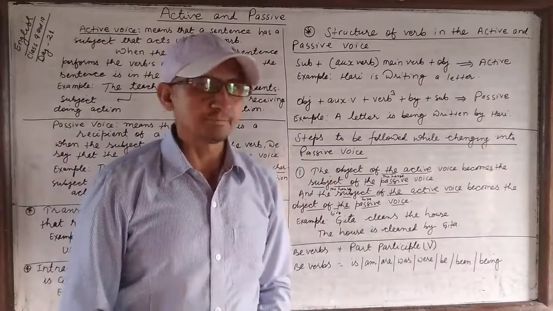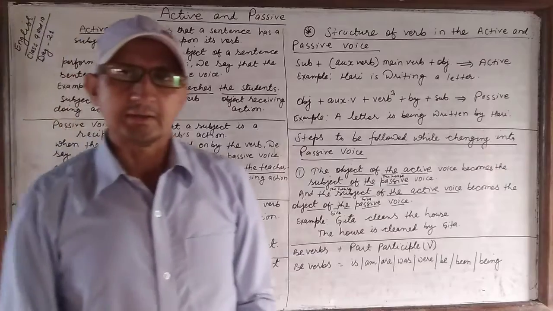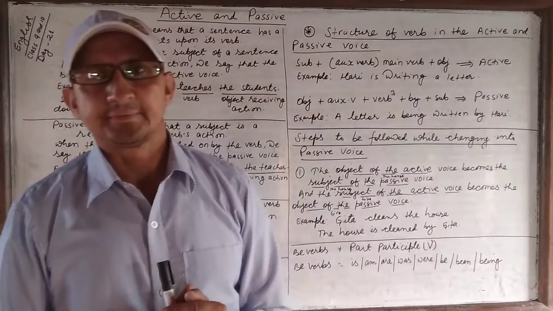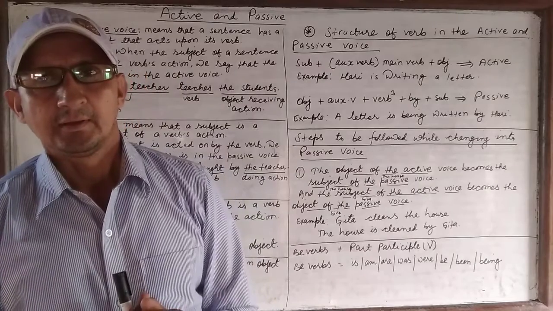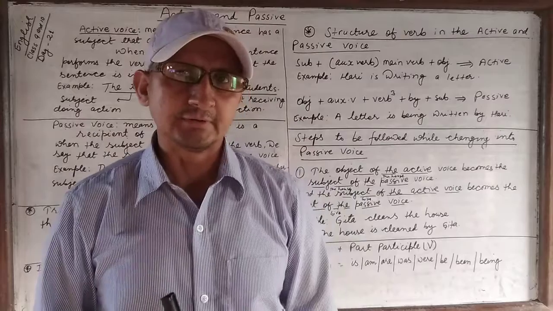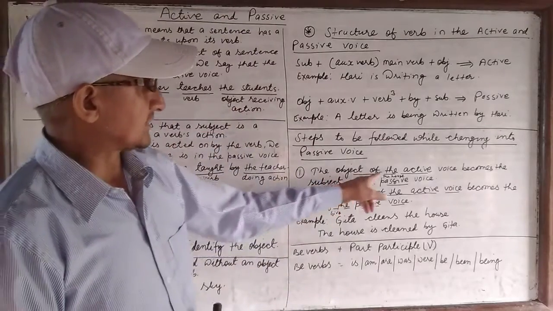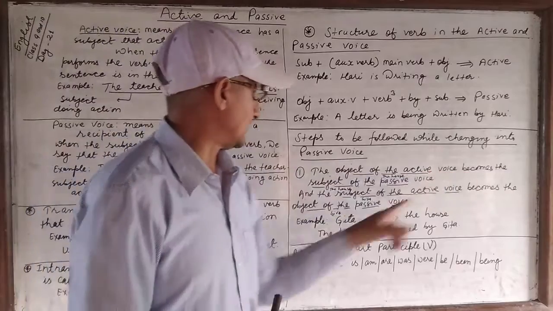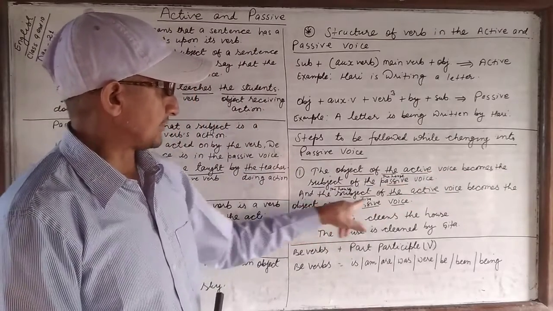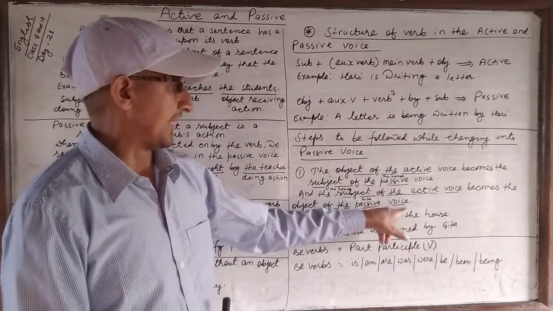Now, the steps to be followed while changing into passive voice. You have to follow some steps to change active voice into passive voice. Okay? The first step is the object of the active voice becomes the subject of the passive voice, and the subject of the active voice becomes the object of the passive voice.